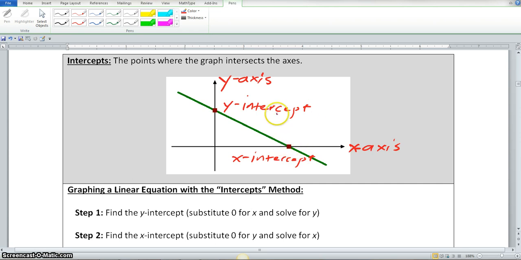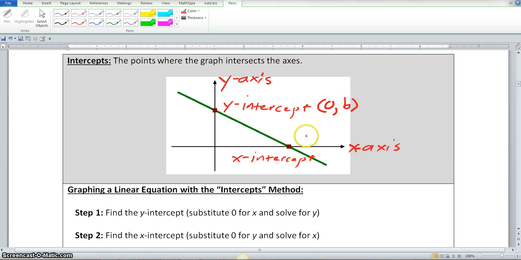Now, the ordered pair representation of these intercepts goes like this. Whatever intercept you have, which here is the y-intercept, the other value is 0. So we know x always comes before y with any ordered pair. So with your y-intercept, x is 0. Now we're going to use b to indicate that this is the y value of your y-intercept.